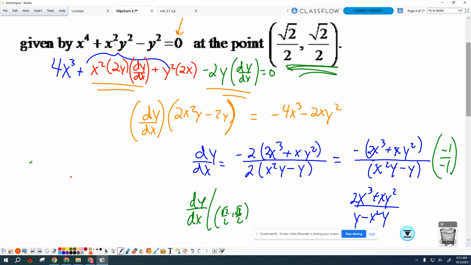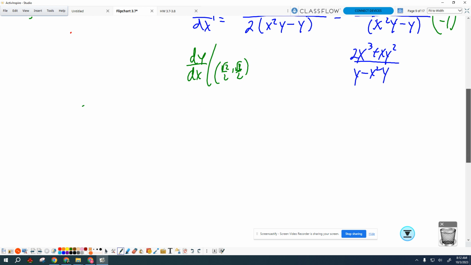Anything else? Amir, you frustrated with it? I got 2 root 2 over 4 plus root 2 over 8 divided by root 2 over 4. Which might be correct, but sounds like some stuff simplifies.